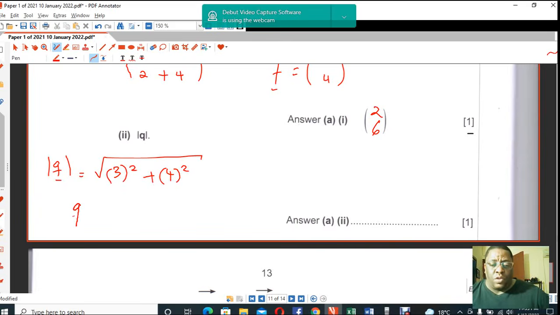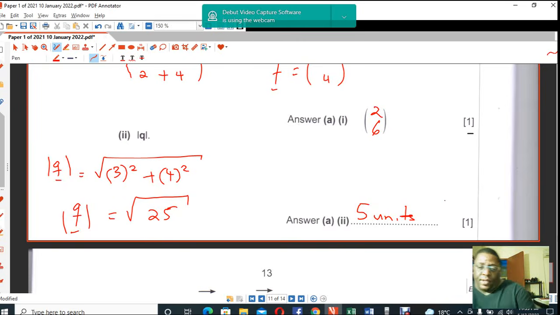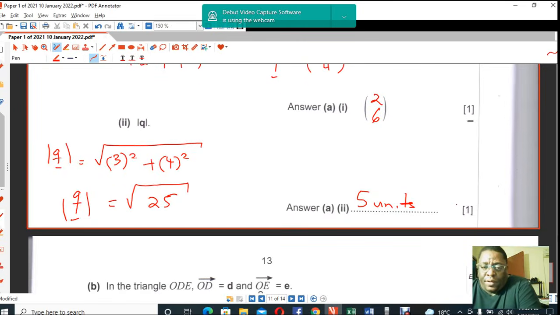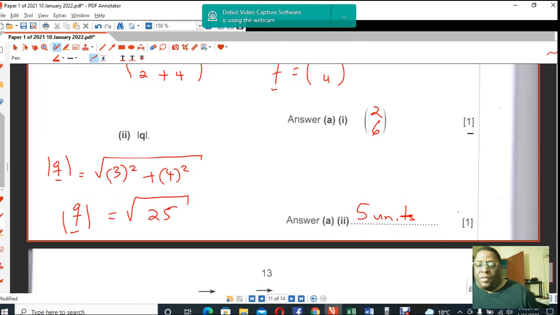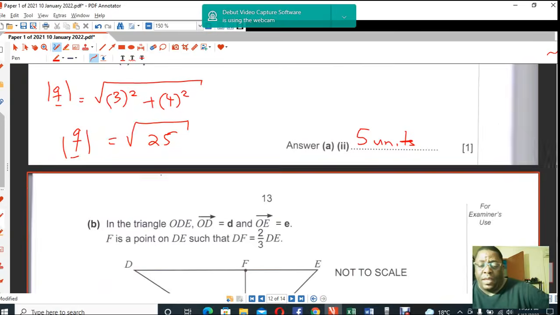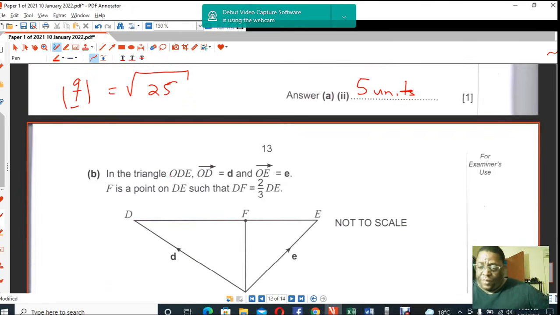Of course, you don't need to put brackets there, but anyway, you get 5 as an answer. Just grab your calculator and put that in there. Even if you have negative values here, they all become positive when you square them. So you don't have to put brackets there. Okay, I hope we are okay so far.